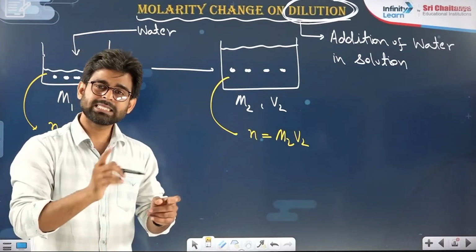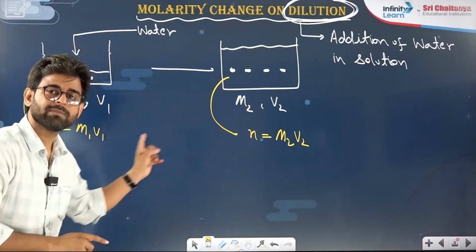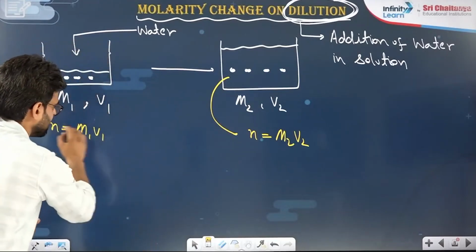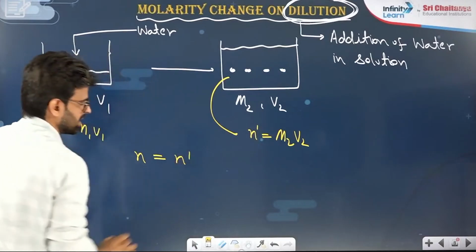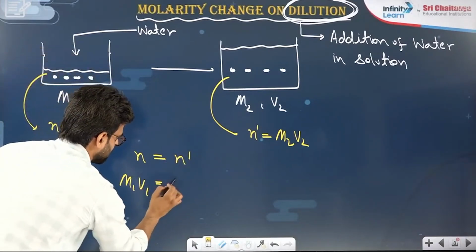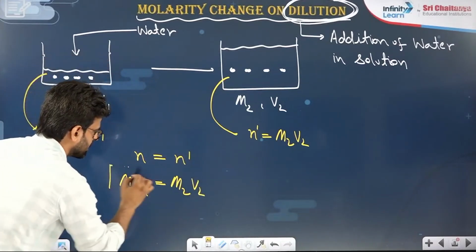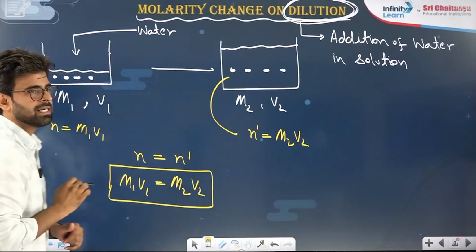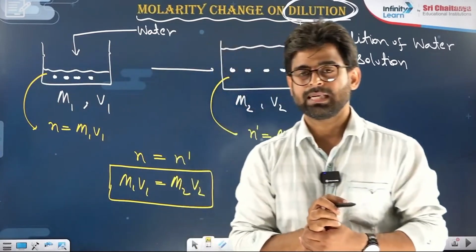As the number of particles remains the same, the moles remain the same. So N equals N dash, which gives M1 V1 equals M2 V2. So you can do dilution questions by M1 V1 equals M2 V2.